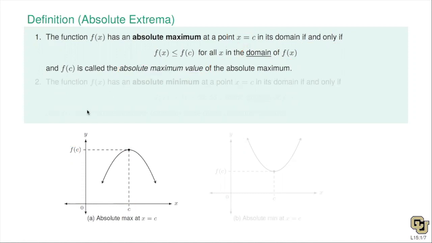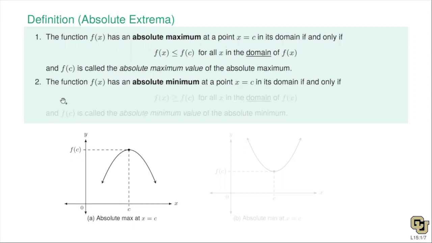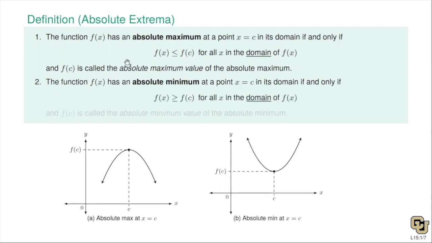And similarly, we have the idea of an absolute minimum. And again, the important thing in the definition here is we have an absolute minimum at x equal to c if and only if f of x is greater than or equal to f of c for all x in the domain of f of x, in the entire domain. So that's why we use the phrase absolute here.